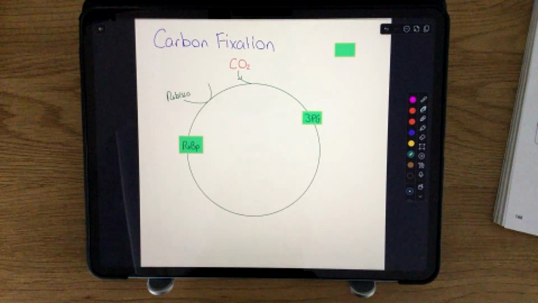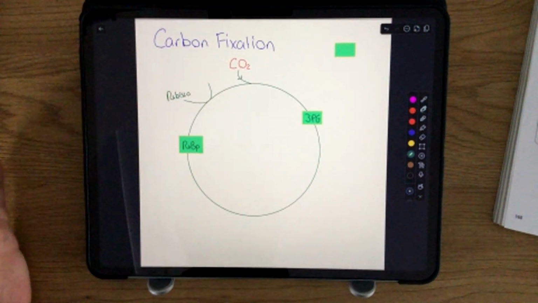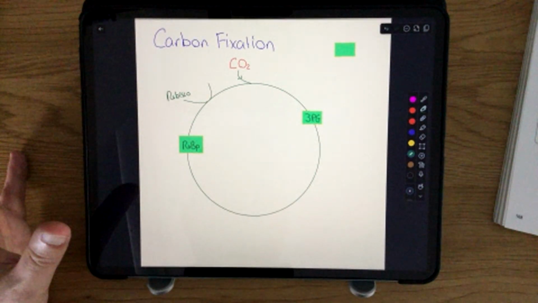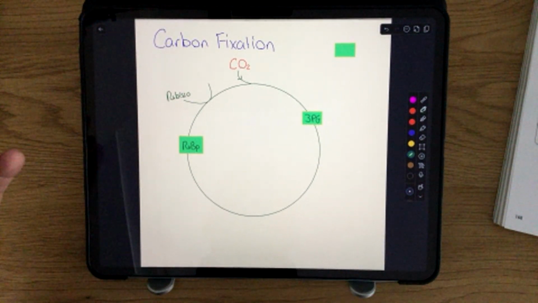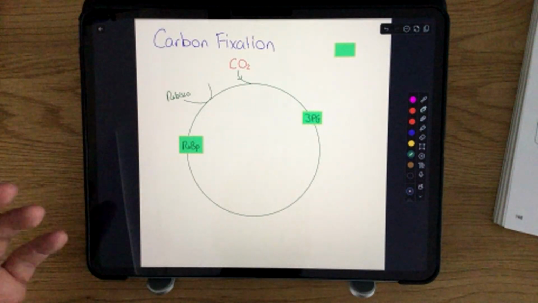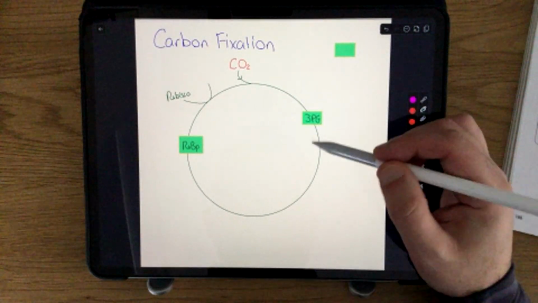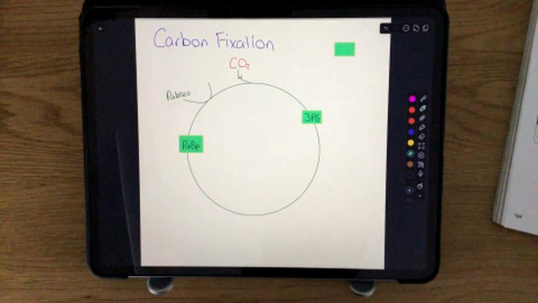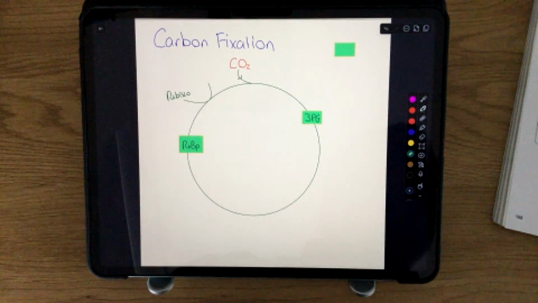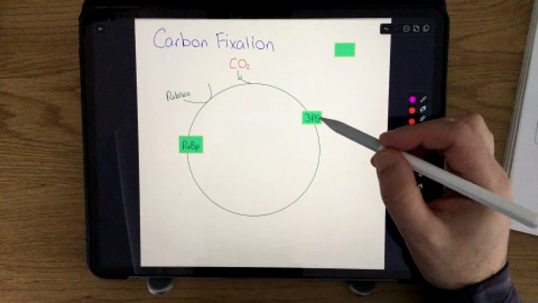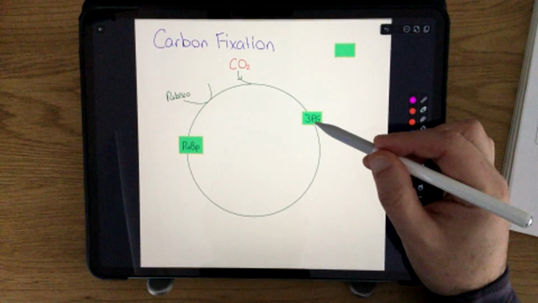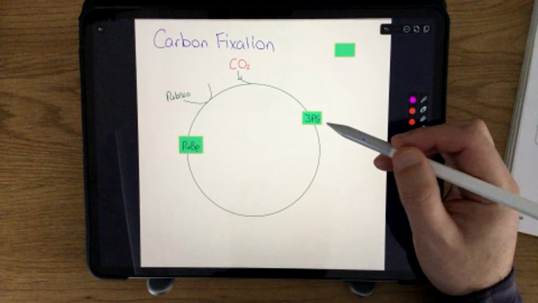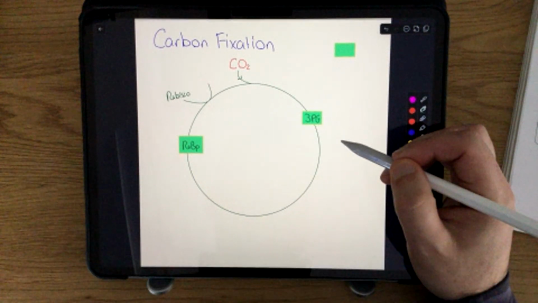So, carbon dioxide added to RuBP, catalyzed by the enzyme Rubisco, gives you 3PG, okay? So, 3PG is still not what we want. So we're going to take another step and change 3PG into another compound, right?